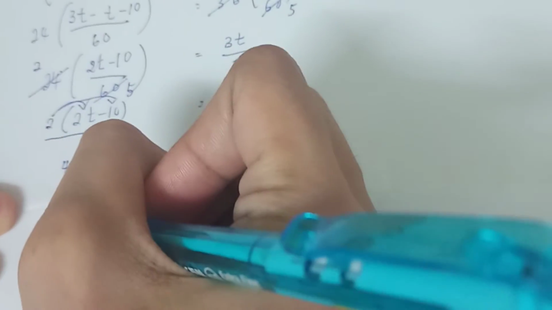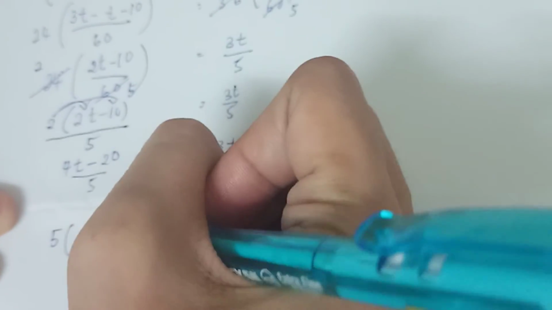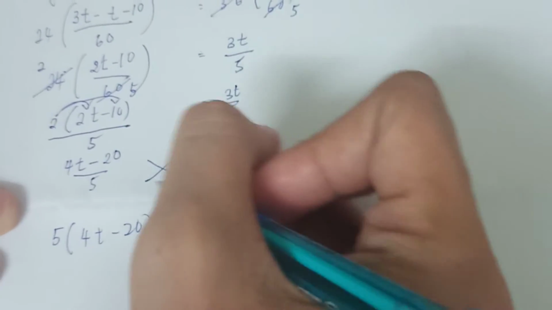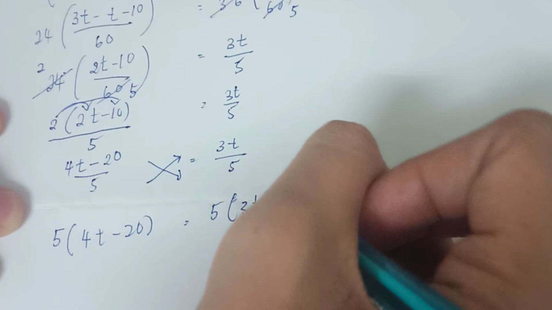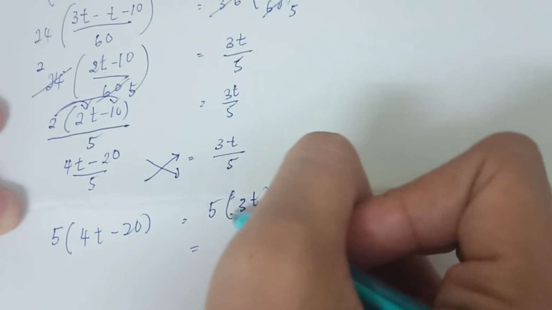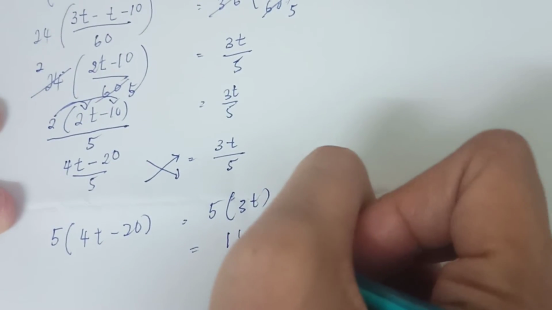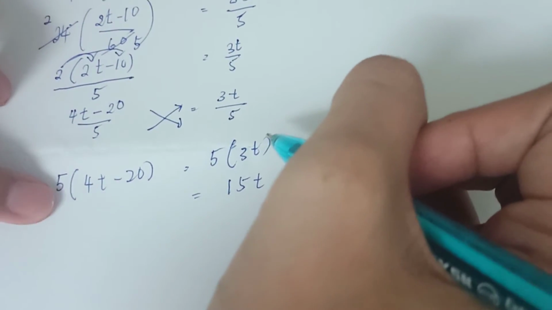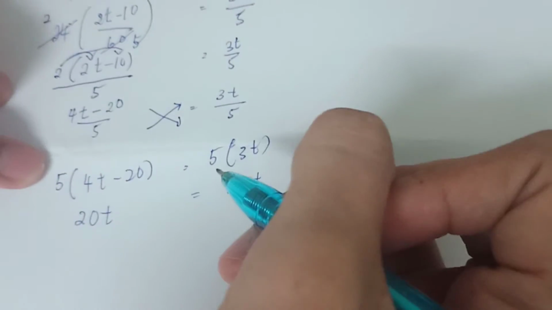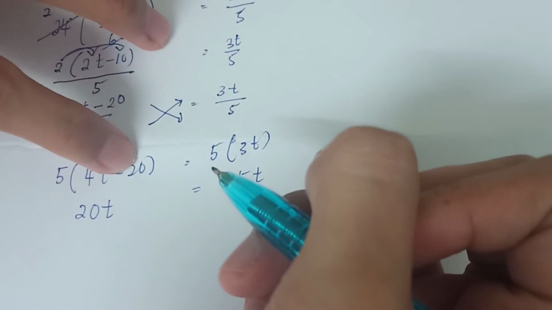So 5 times 4t minus 20, and same also 5 times 3t. Here 5 times 3t, you get 15t. 5 times 4t is 20t. And then 5 times minus 20, you get minus 100.